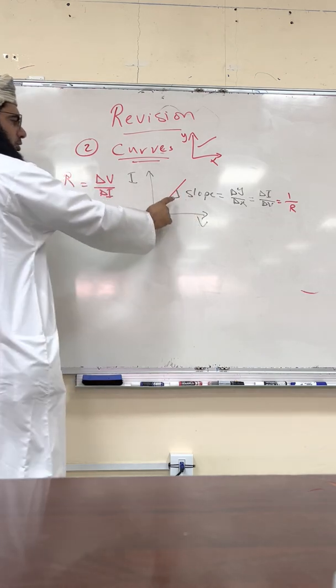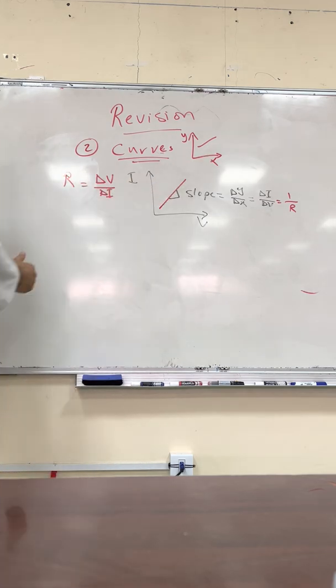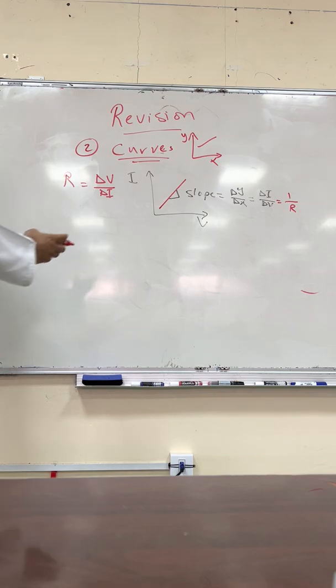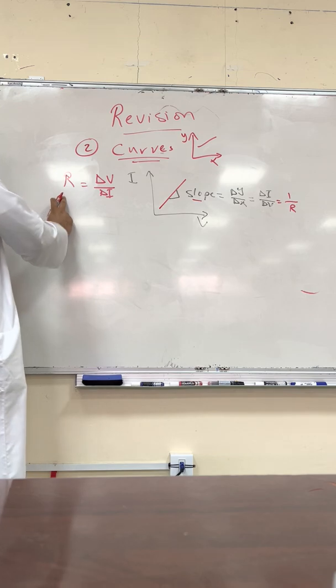First of all, this is a constant slope, because we have a straight line. That is something you know from math. But from physics, we know that 1 over the slope is the resistance in this case.